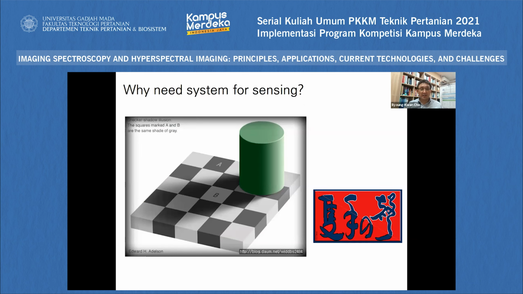Let's move on to the lecture. So why do we need a system for sensing? A system means an imaging device or machine. Let's think about these figures. On the left, the background color of A and the background color of B: do you think the color is different or the same?